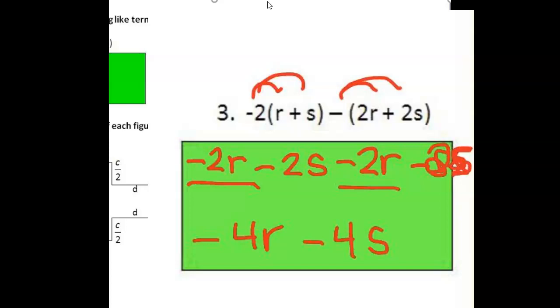So you get negative 2R minus 2S minus 2R minus 2S. Combining like terms, you get negative 4R minus 4S.